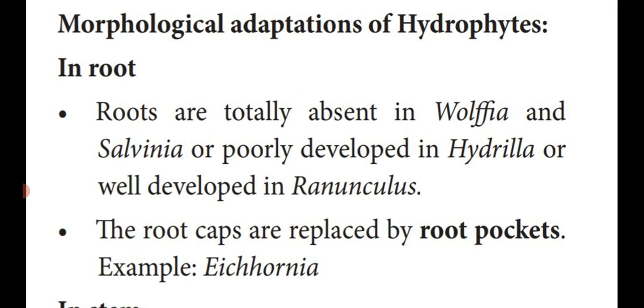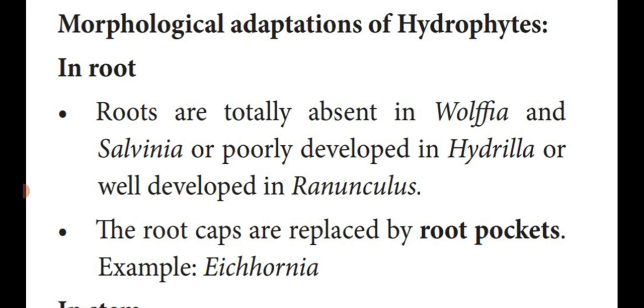First one, in Wolffia plant, roots are totally absent. In Salvinia plant, the roots are poorly developed. Roots are totally absent in Wolffia and Salvinia, poorly developed in Hydrilla, and well developed in Ranunculus.